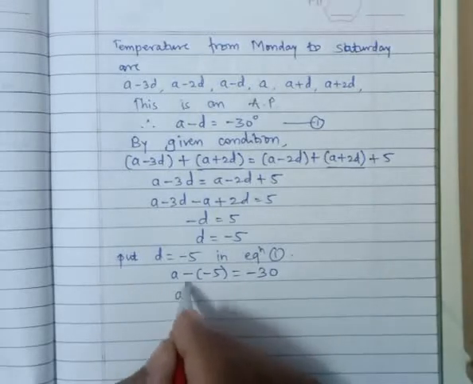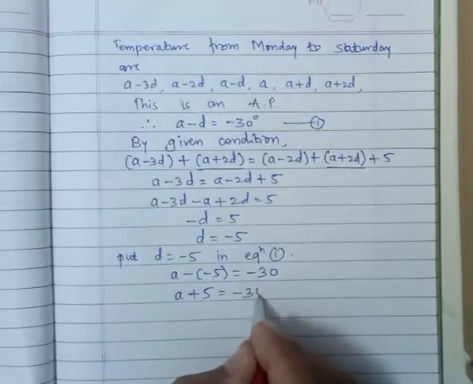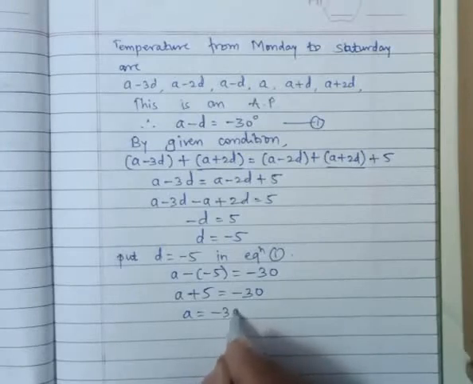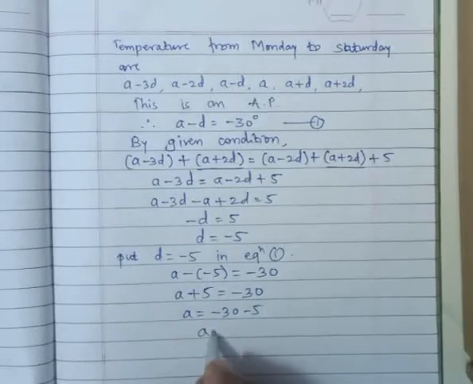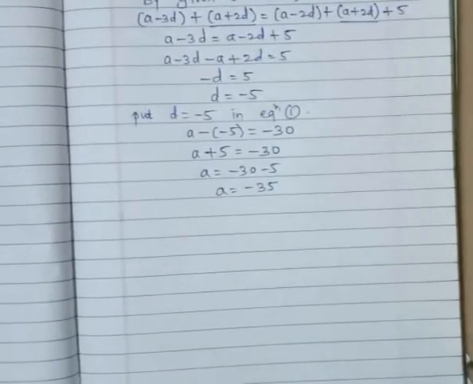The negative becomes positive, so A plus 5 is equal to negative 30. Therefore, A is equal to negative 30 minus 5, so A is equal to negative 35. We got the values A equal to negative 35 and D equal to negative 5.